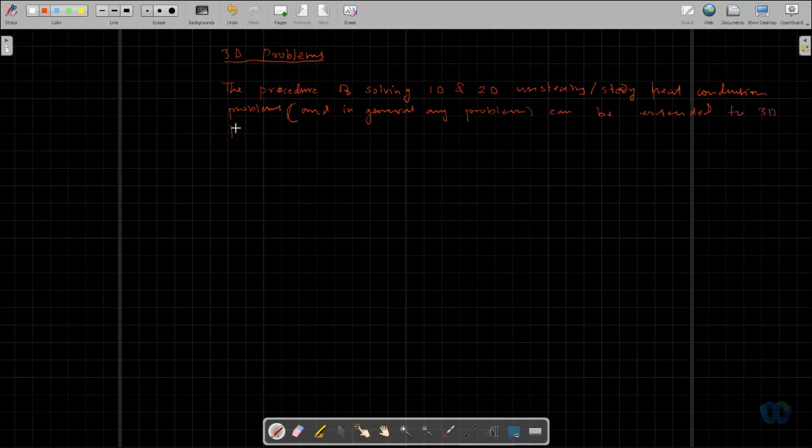Okay. So you will have some additional terms as we used to get in the second coordinate direction or third coordinate direction.